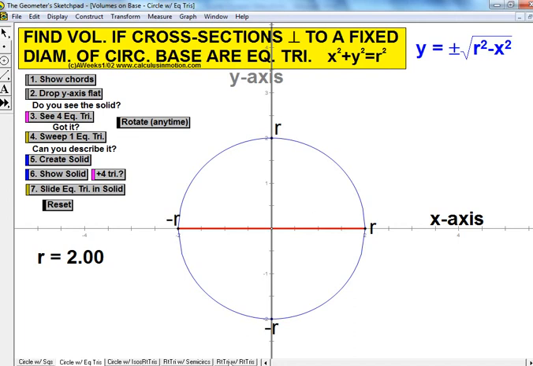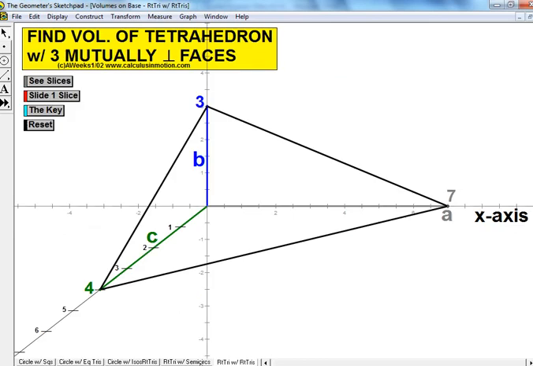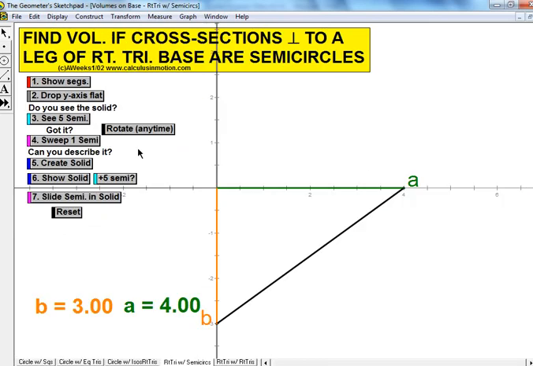Okay, so let's figure out the volume of this. Go back to the original way this was. Okay, so see this?